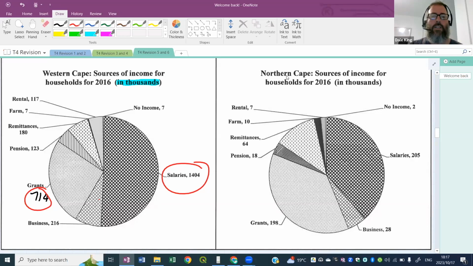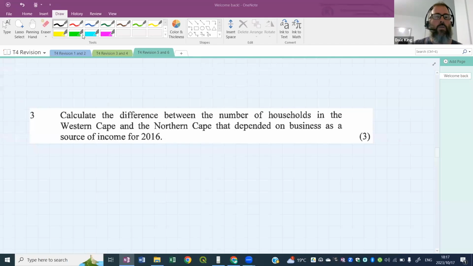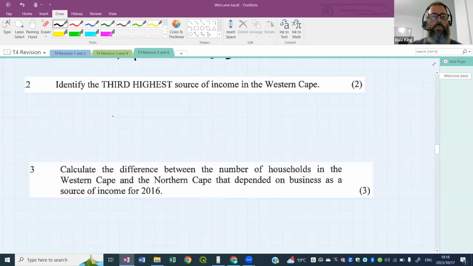All right, so salaries is first, then grants is second, and they wanted the third highest, which is business. Yes, there we go. Well done. So looking at the graph, business is the third biggest. Let's write this over here quickly, and you can read the next question while I'm doing that. Two marks in the bag there.